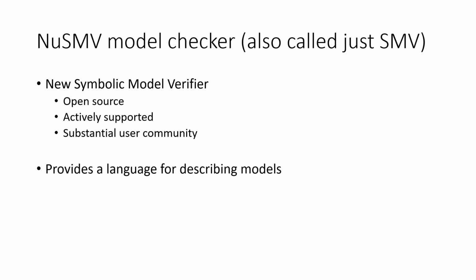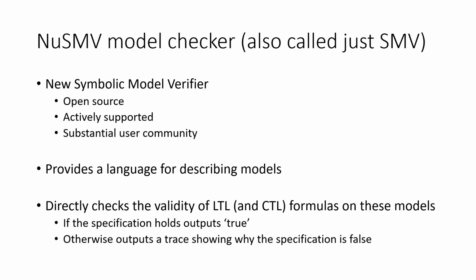The models that they support are those transition systems, and we will see that they have their own language to describe those models. So we basically have two languages now: the language of LTL, the logic that we looked at, and a language to describe those kinds of transition systems. And we will see that this language is also not so trivial, but we will see how to use it today.